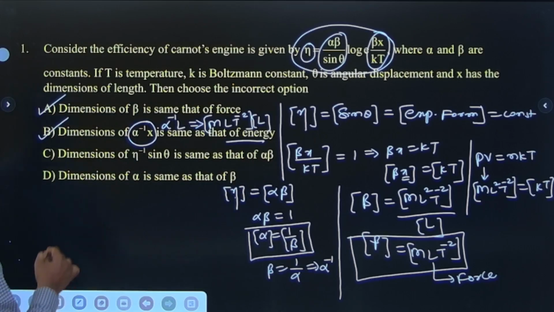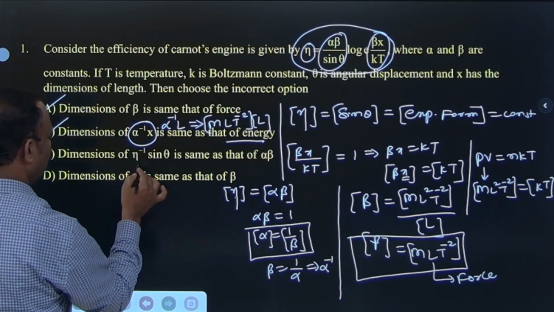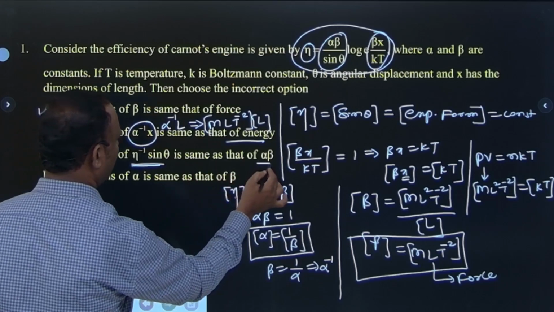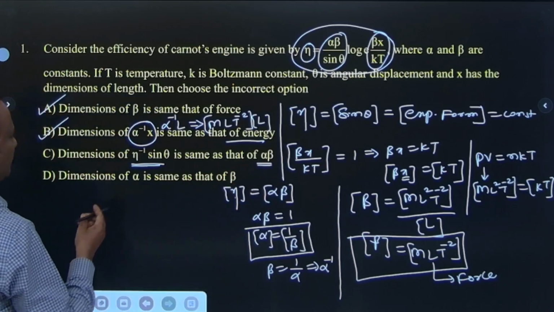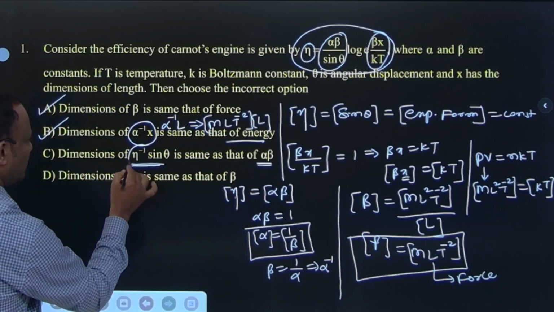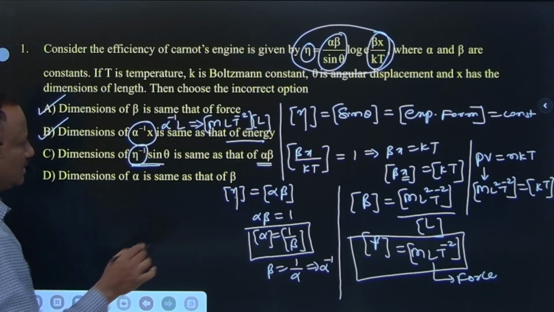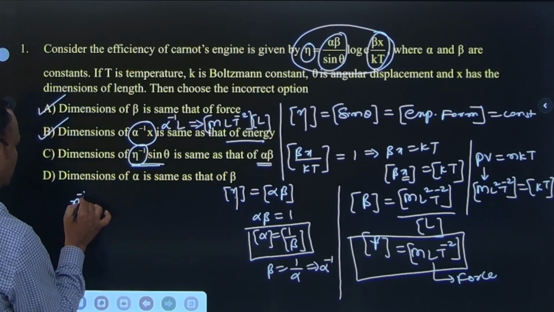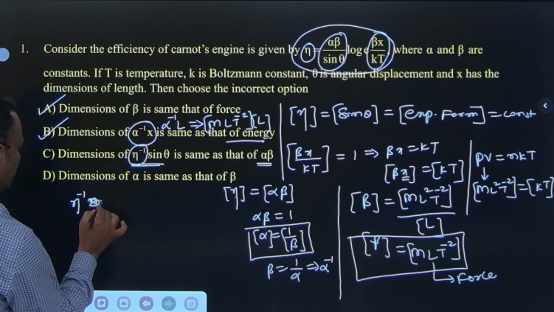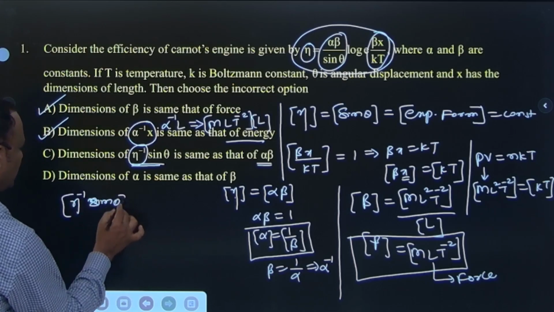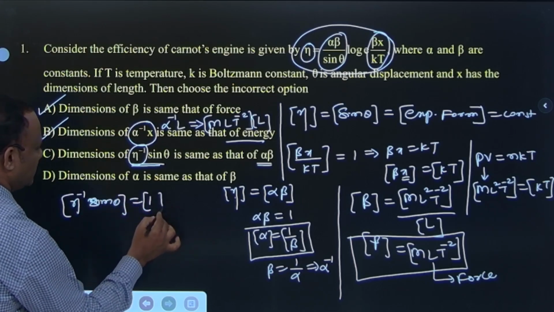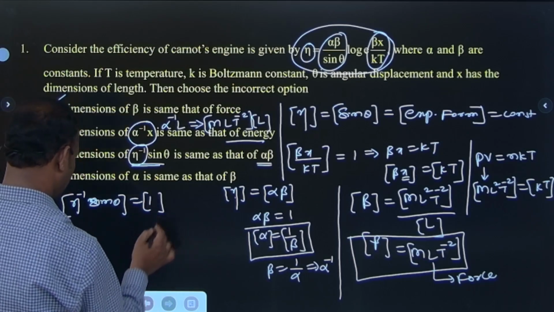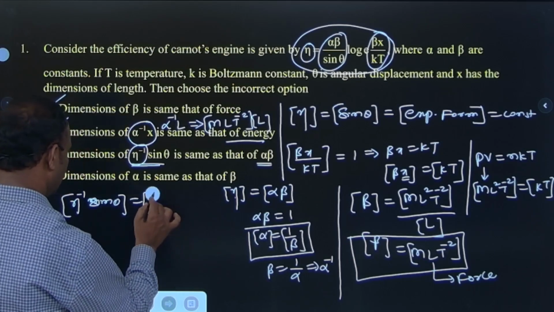Perfect. Next one: the dimensions of eta inverse and sine theta are the same as that of alpha beta. Eta inverse is dimensionless. Sine theta is also dimensionless, so we can write M0 L0 T0.